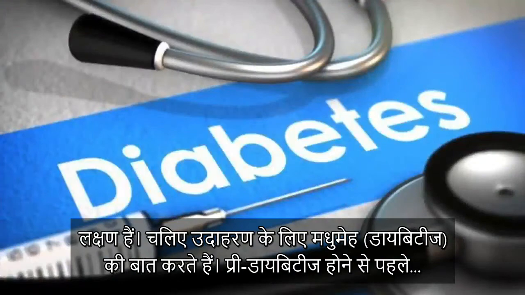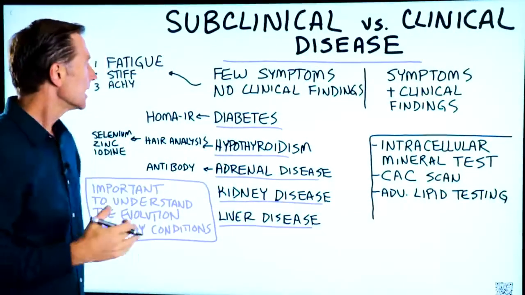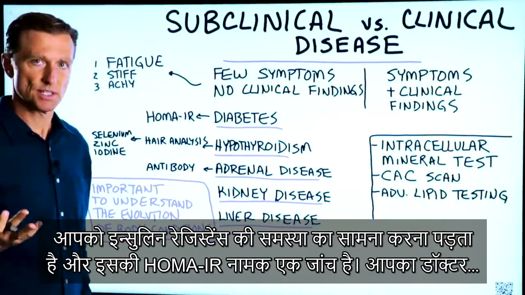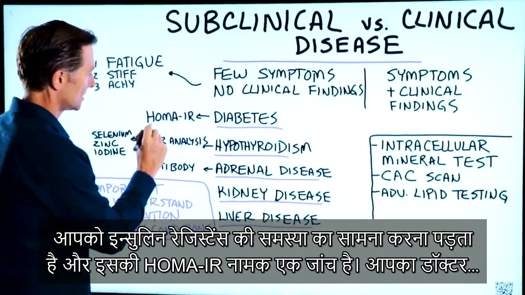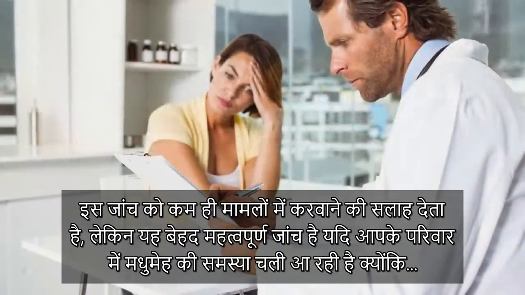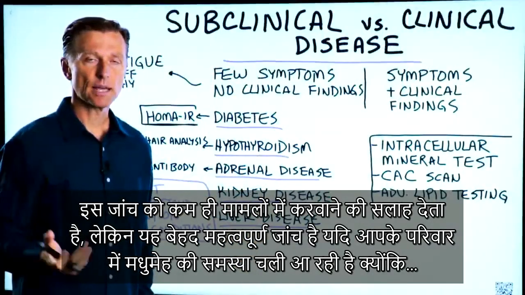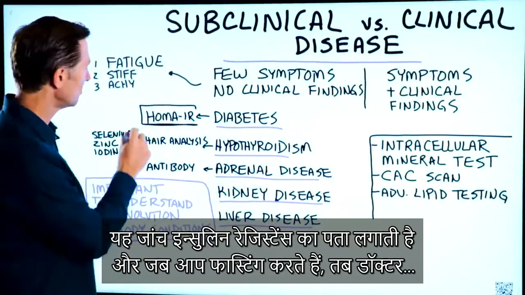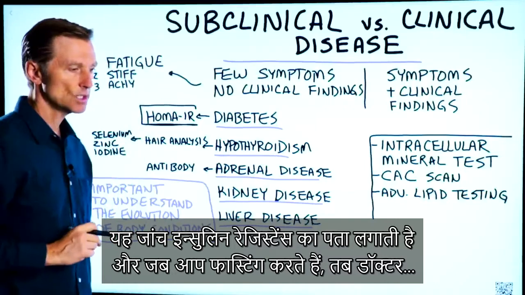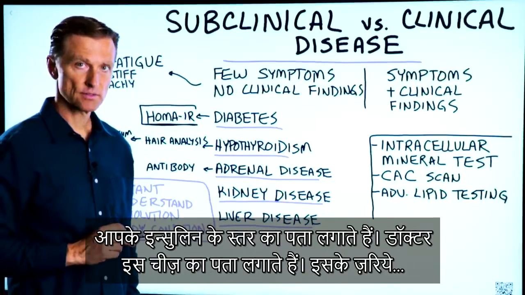So let's just take diabetes, for example. Before you become even a pre-diabetic, you have insulin resistance. And there's a great test. It's called HOMA-IR. This is rarely ever done by your doctor, but it'd be very, very important if diabetes runs in your family, because this will pick up insulin resistance, and they're going to measure your insulin levels, okay, while you're fasting.